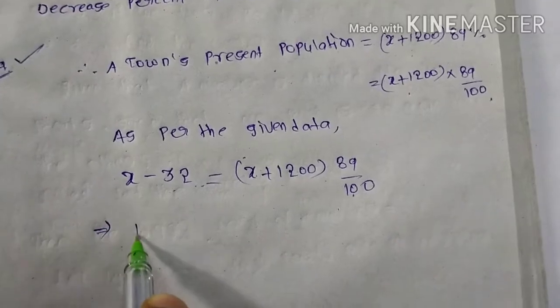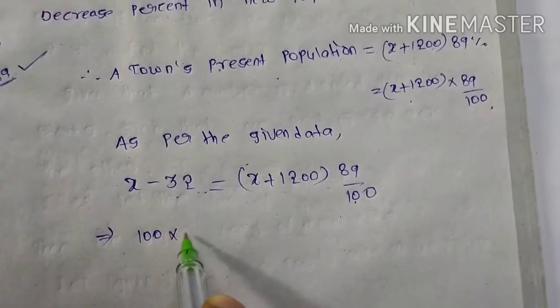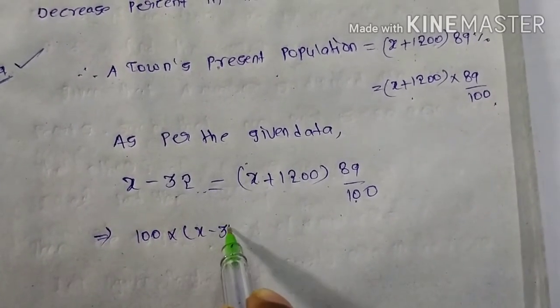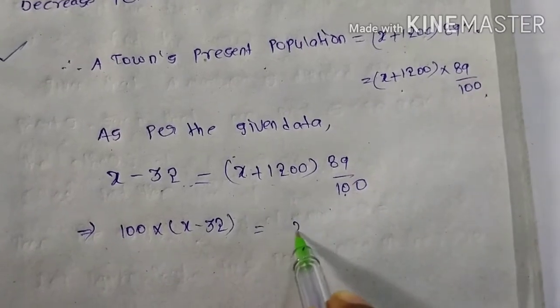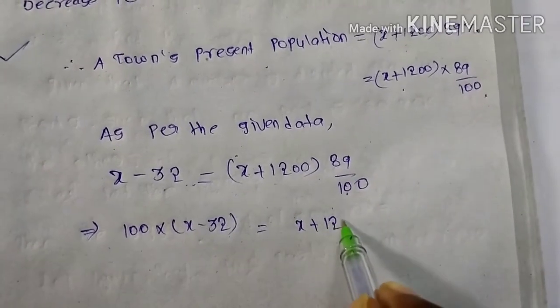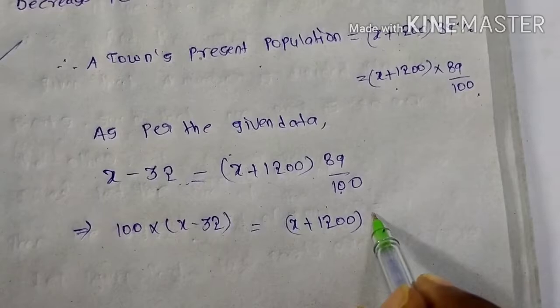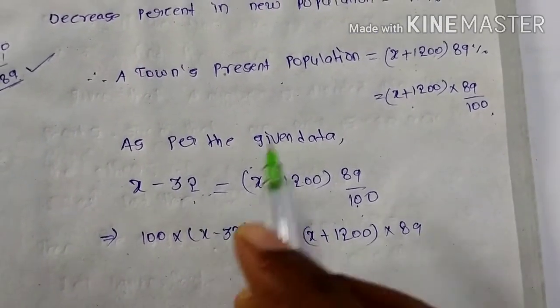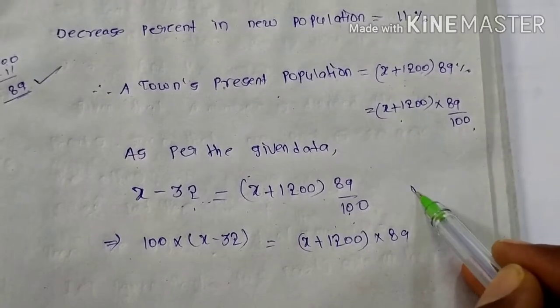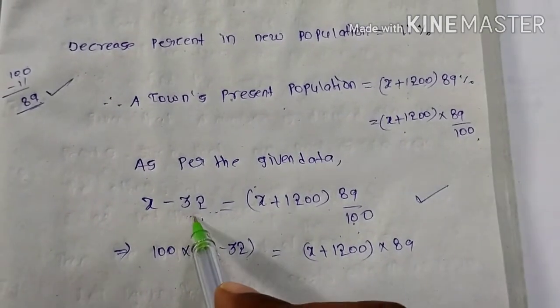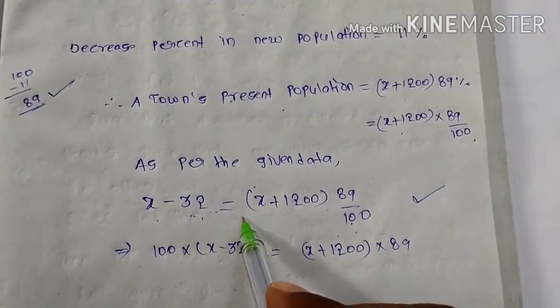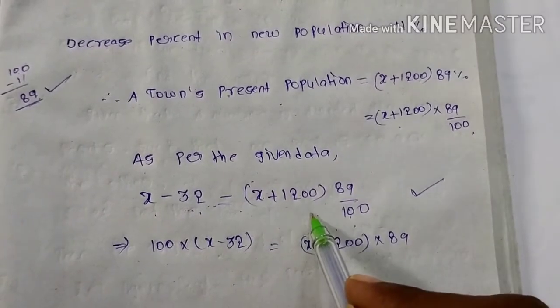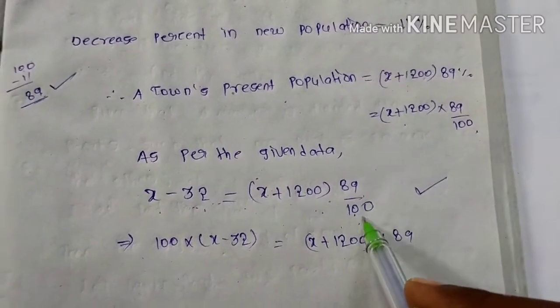That means 100 into x minus 32 is equal to x plus 1200 into 89. This is the main step here: 32 less people than before the 1200 increase is equal to the present population, x plus 1200 into 89 by 100.